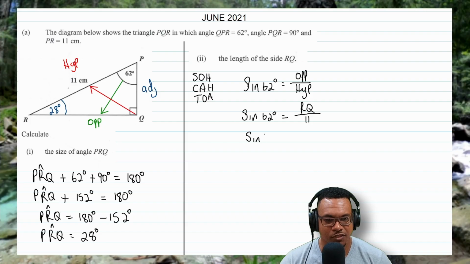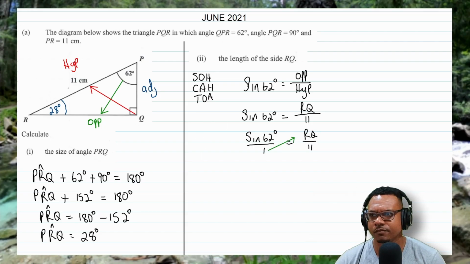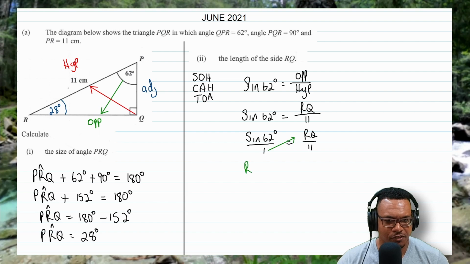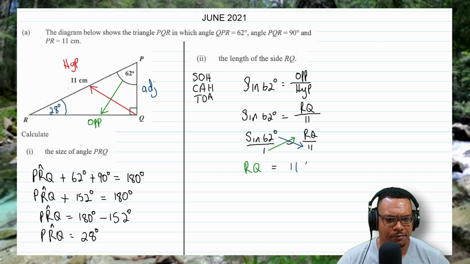I'll put the sine 62 degrees over 1, and I'll put back here my RQ over 11. So when I multiply 1 times RQ, I will simply get RQ. And when I multiply sine 62 degrees by 11, I will get 11 times sine 62 degrees. So this means 11 multiplied by sine 62 degrees.